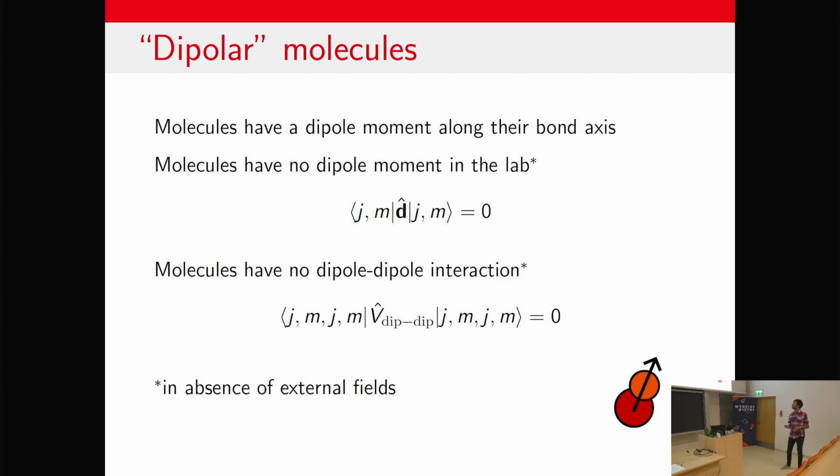I put dipolar in quotes because if a molecule without any external fields is in a pure rotational state with angular momentum quantum numbers J, m, then actually this molecule doesn't have a dipole moment in the lab frame. If we take two of these molecules, they also don't have a dipole-dipole interaction without any external fields, in first order. So what is the dominant interaction between these molecules?